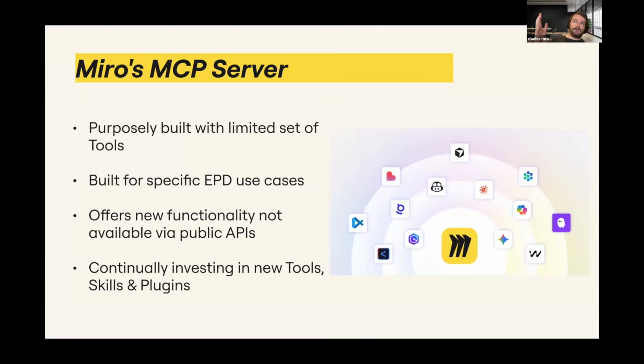So we decided to build our MCP server. This all kind of budgeted over the summer, and we announced it at Canvas 25 back in October, and we've been going through some private and public betas ever since then, and now everyone has access to test it. We purposely built it with a limited set of tools. A lot of people in the early days were like, hey, we have a bunch of public APIs.